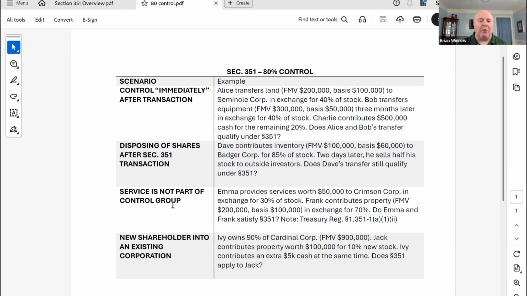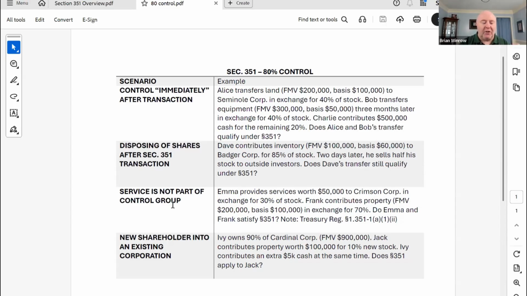You're going to have the fourth one who's going to be putting in services, whether they're managing it, doing the legal work, doing the accounting work, setting up the computer systems, whatever it is. They're going to be providing services in exchange for the remaining 25%. So we have four shareholders, each with 25%. But when somebody is only putting in services, we do not consider their shares part of our control group. They don't go toward that 80%.